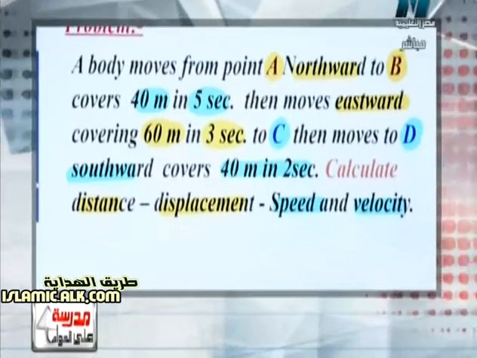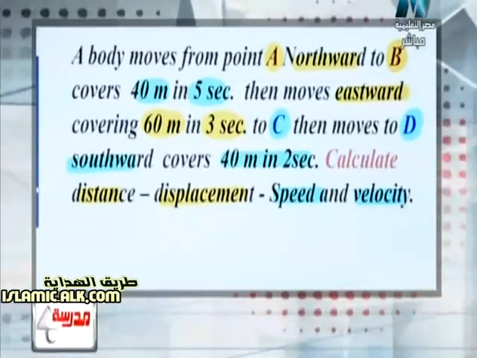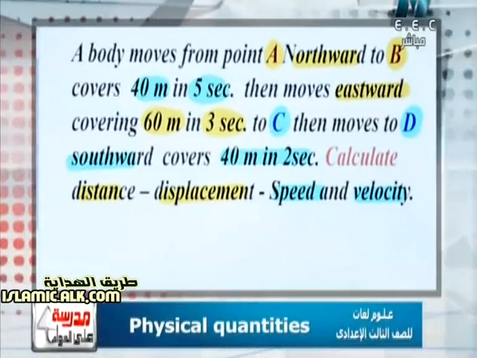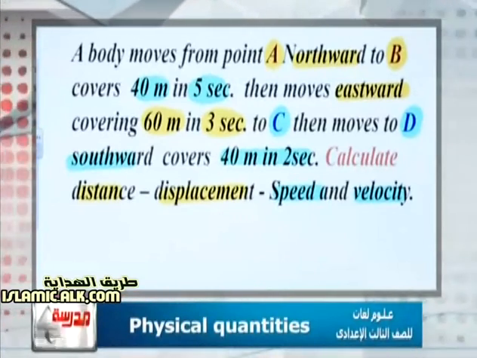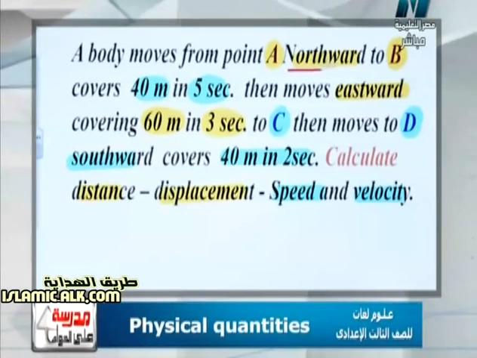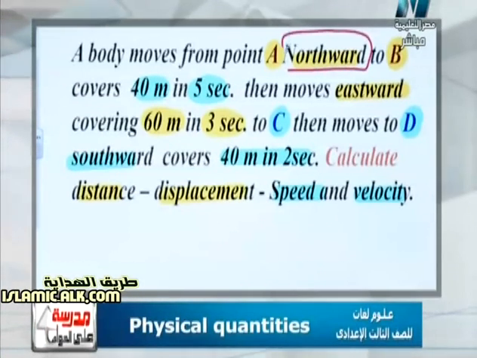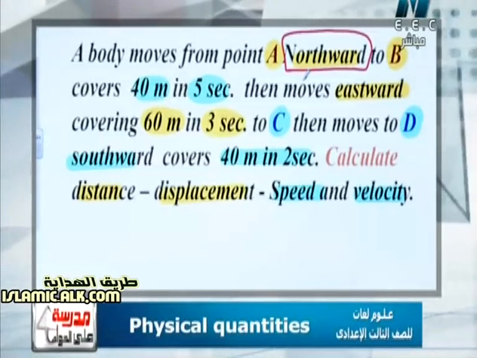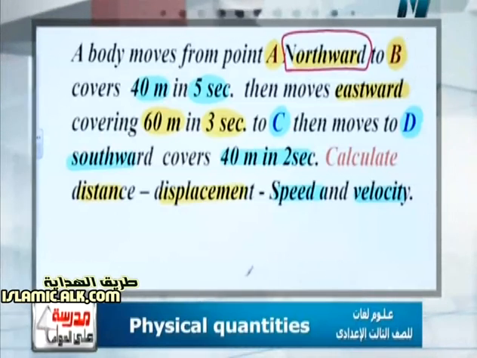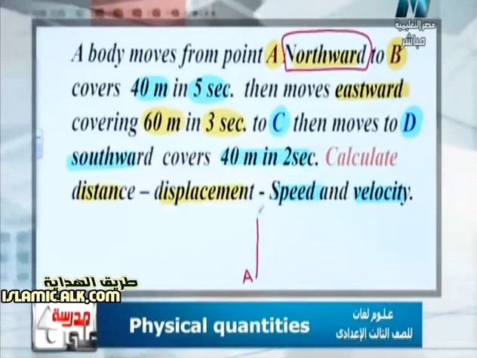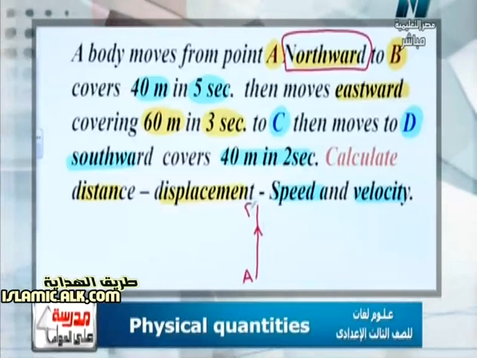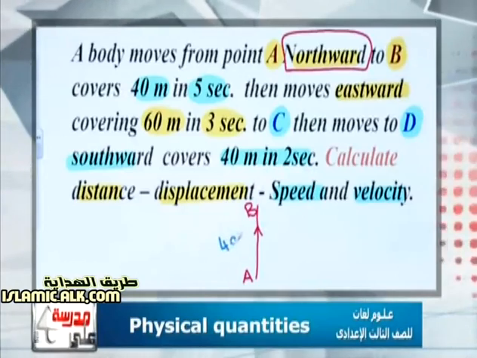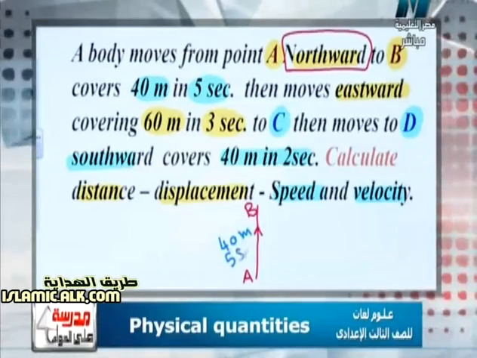Before we answer this question, we should draw a draft, not necessarily with a ruler. The body will move from point A, and the most important thing is the direction: northward. We know north, south, east and west, the 4 directions. It moves from A northward to B, covering 40 meters in 5 seconds.